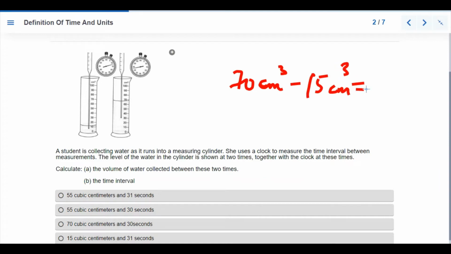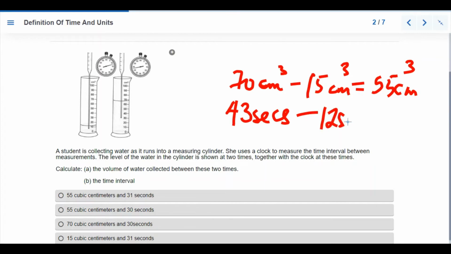It gives us 55 centimeter cube. Also for the time, we have 43 seconds minus 12 seconds, which gives 31 seconds.